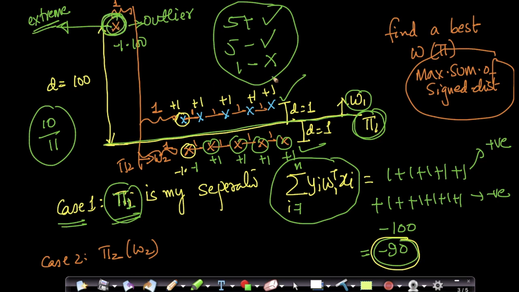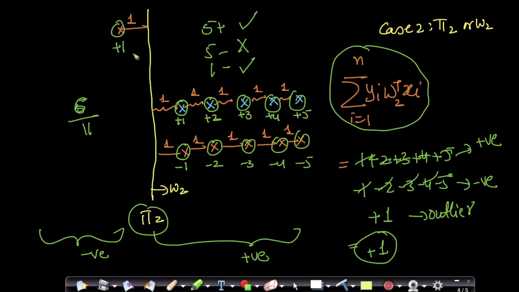In this simple example that I built, this single outlier or extreme point is preferring pi 2. If this was my optimal pi, because of this one outlier, my whole hyperplane, the best hyperplane, became this, which is incorrect, isn't it?